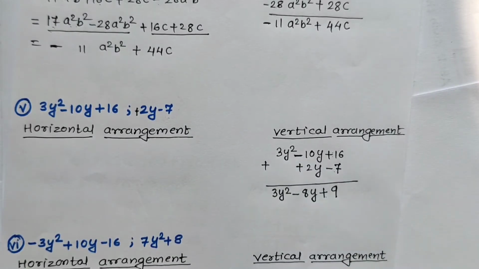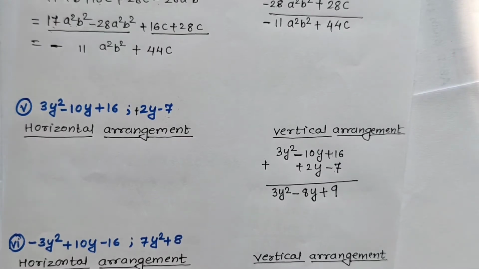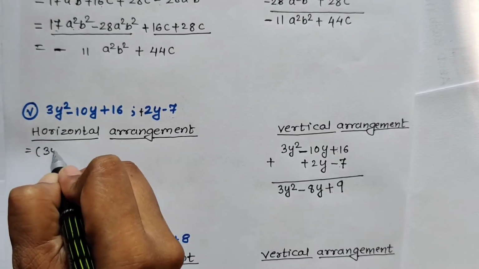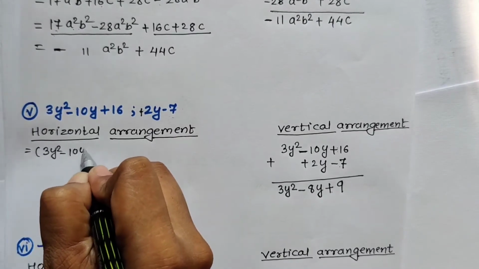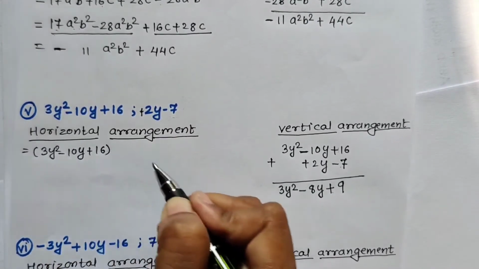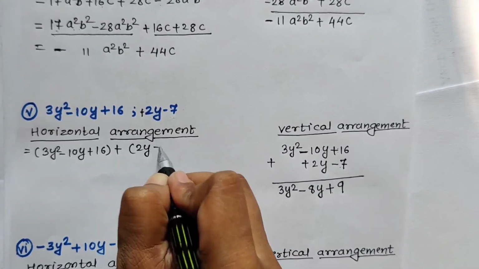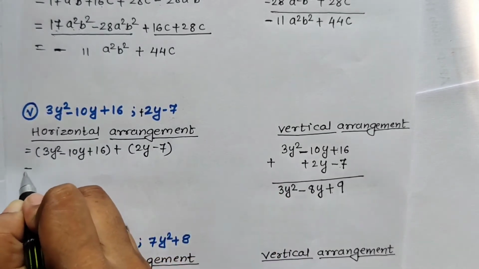Same way we are going to do in the horizontal method also. So let us see how to do in the horizontal method. We are going to write the first polynomial in bracket. Then second polynomial in second bracket. We put the plus sign between these two polynomials.